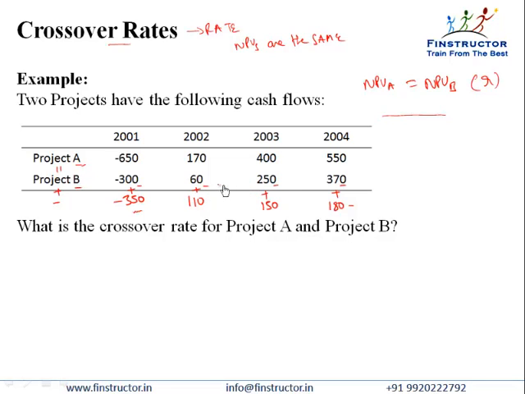So the question now remains, what is that discount rate that would make the NPV of these highlighted differences 0?